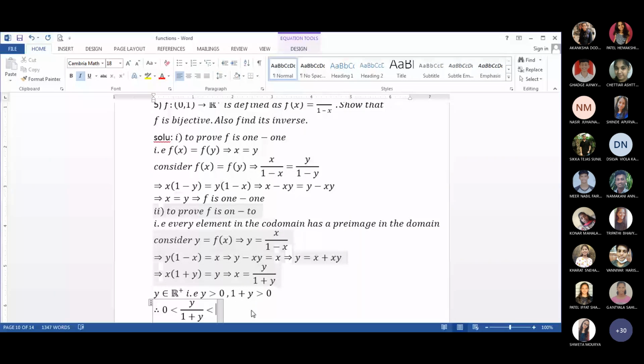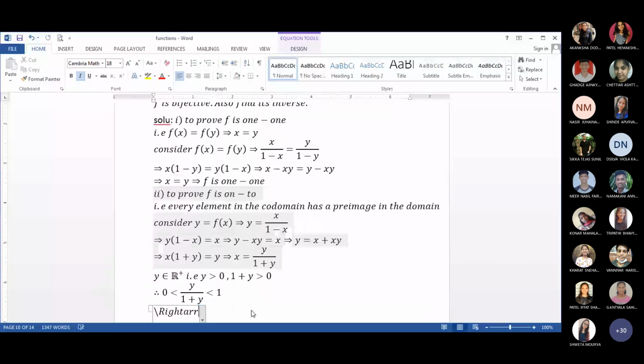And what can you say about y upon 1 plus y? It will be smaller than what? Will it be smaller than 1? y upon 1 plus y will be smaller than 1 क्योंकि तुम्हारा जो न्यूमरेटर है is smaller than the denominator. तो मेरा जो फ्रैक्शन का वैल्यू है वो 1 से छोटा होगा.